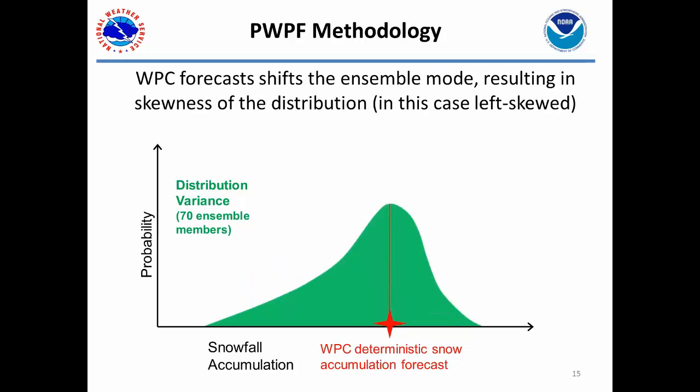We use a statistical technique that shifts the mode of the distribution so that the mode becomes equal to the WPC deterministic forecast, but the spread of the distribution is equal to the spread of the original ensemble. So this allows us to place greater emphasis on the WPC forecast but still acknowledge the uncertainty information in the ensemble.